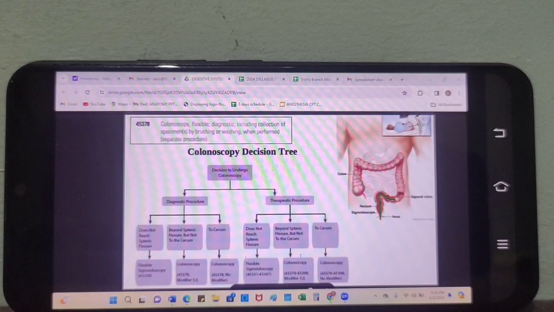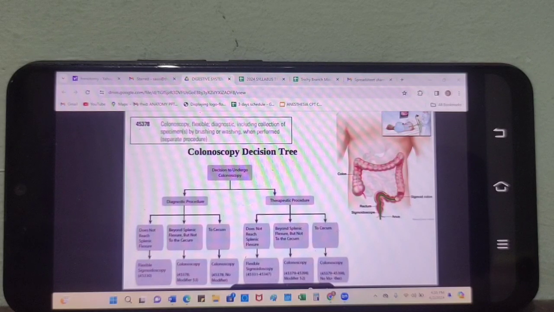But for modifier 52, that is for a discontinued procedure. For colonoscopy, if it crosses the splenic flexure but does not reach the cecum, go for modifier 52. Suppose it successfully reaches the cecum, go for 45379 to 45398, with no need of modifier.